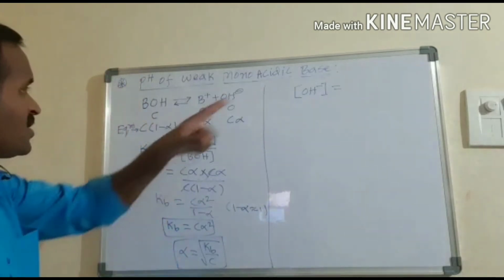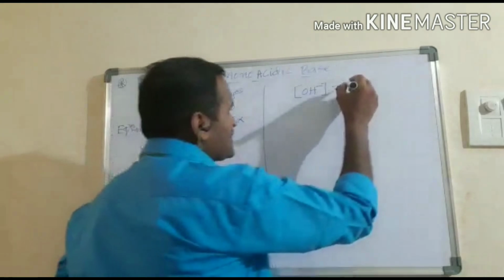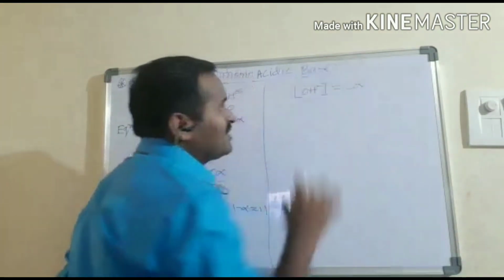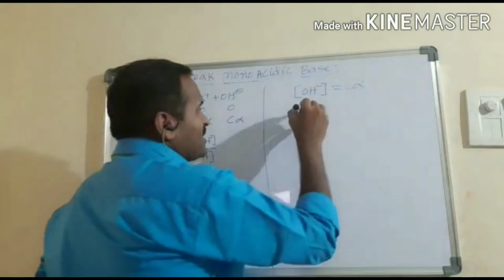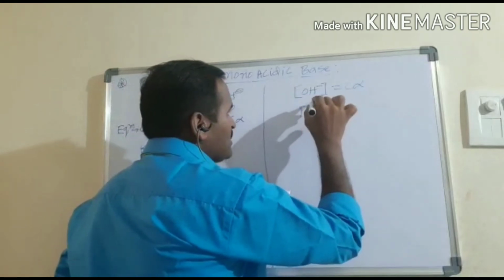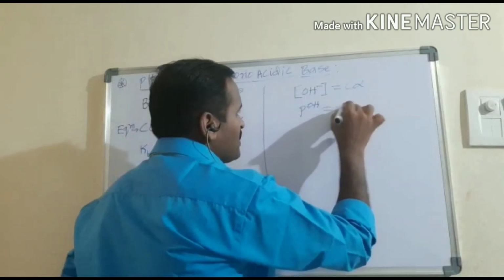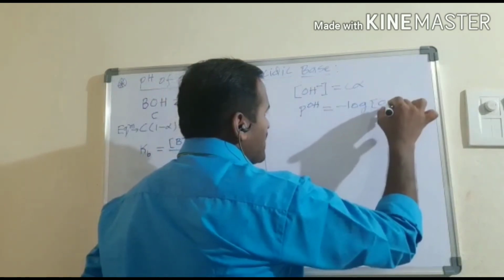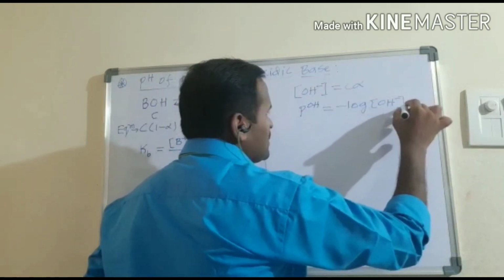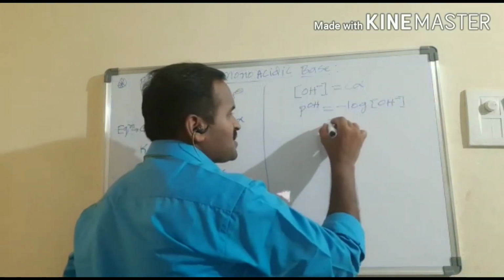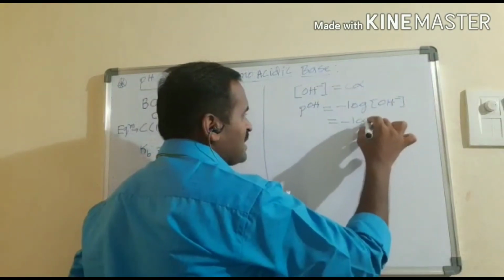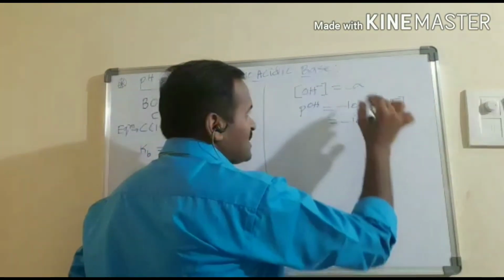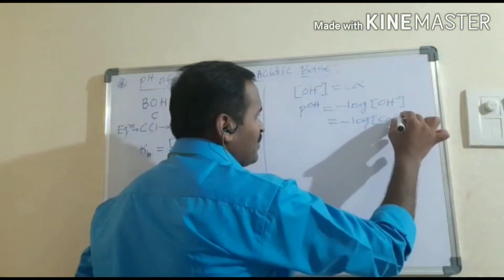Here the OH minus ion concentration you are getting is C alpha, and pOH as per the basic definition is minus log of the OH minus ion concentration. So it is minus log of C alpha.